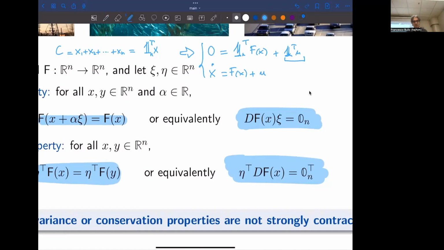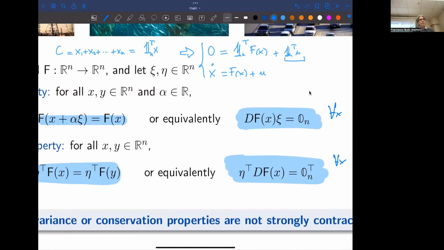What does that mean for the vector xi? Xi is an eigenvector corresponding to the eigenvalue 0. So this equation is an eigenvector eigenvalue equation for the Jacobian of f for everywhere in space, for all x.